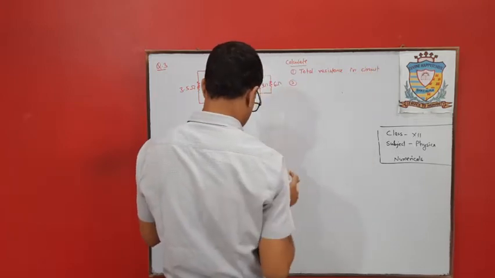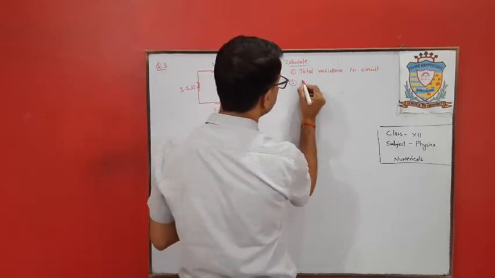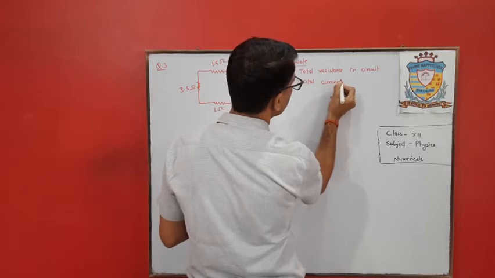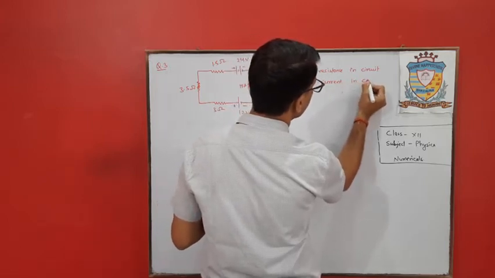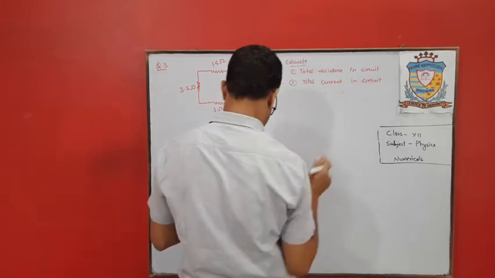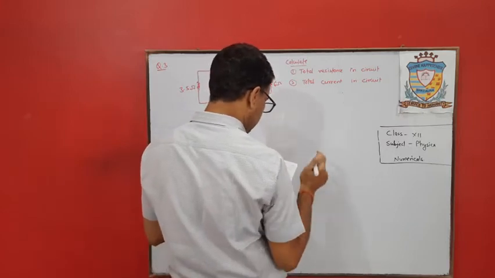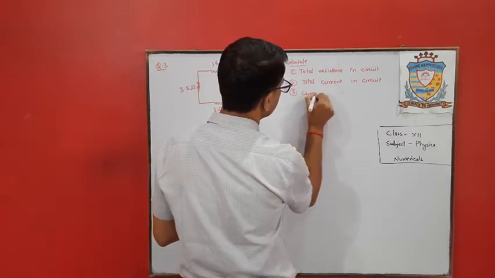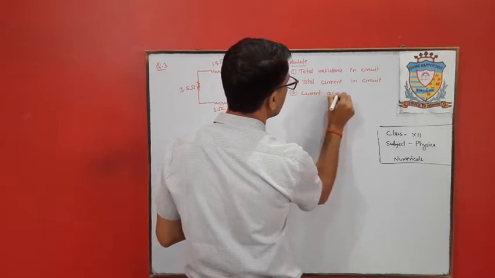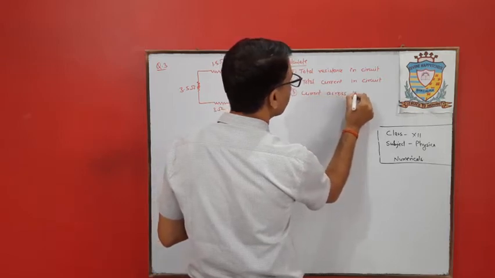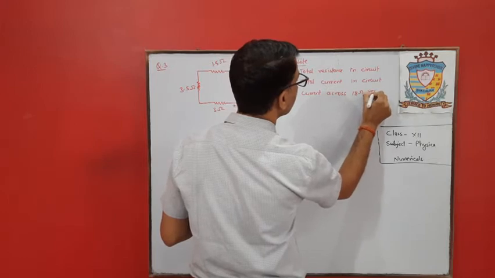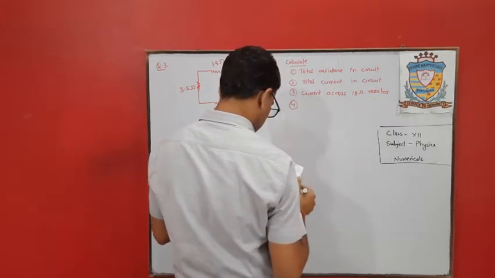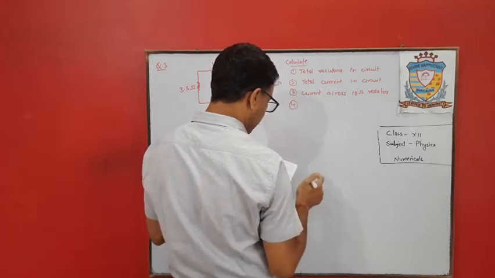Second, the total current in the circuit. Third, the current across the 18 ohm resistor. Fourth is the potential drop across each battery.